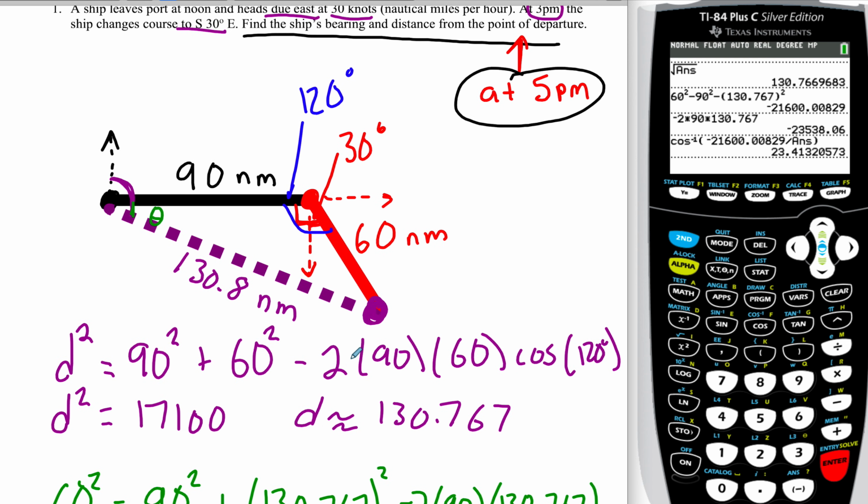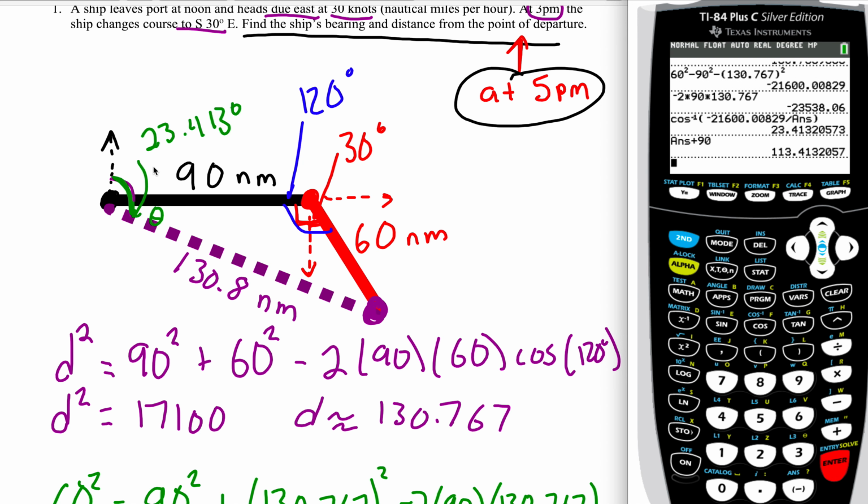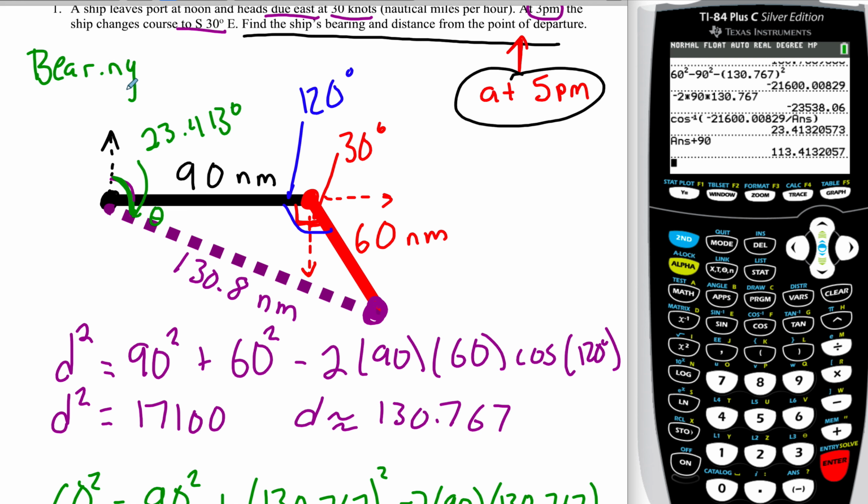So what that means is that this little theta is 23.413 degrees. The entire bearing is going to be that plus 90, not plus 30, plus 90, because we have to also add this 90-degree angle. So we've got a bearing of 113.4 degrees. And remember, given that we have not been given letters, we know that that is north and east.